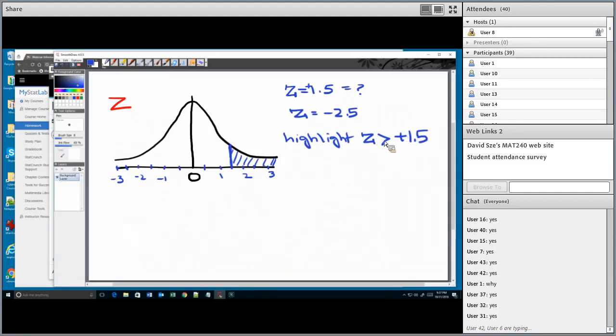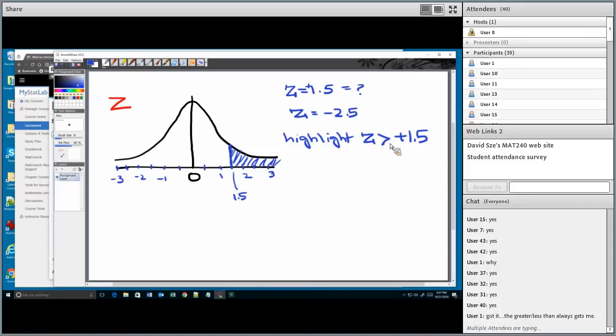So this whole region has z greater than 1.5, right? 1.5 is right here, and you have 2, 2.5, 3, and all these values in the middle. Yes, this is the greater than sign.